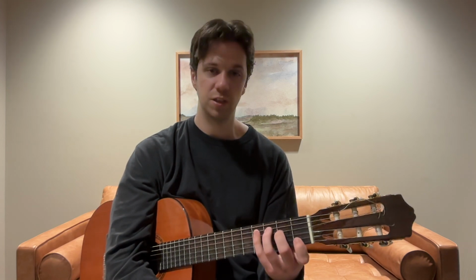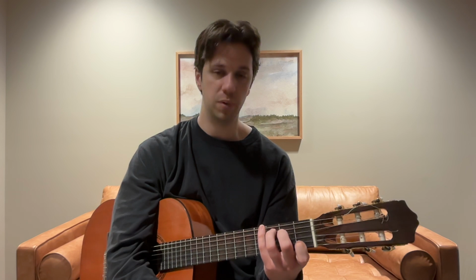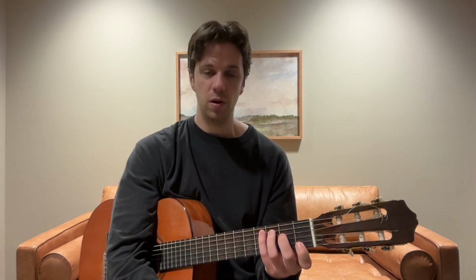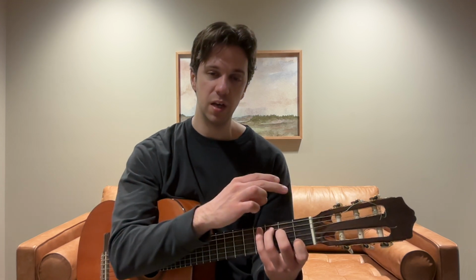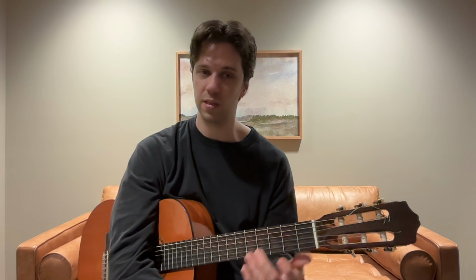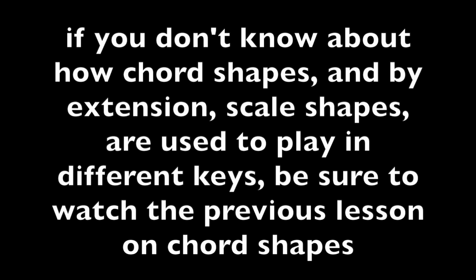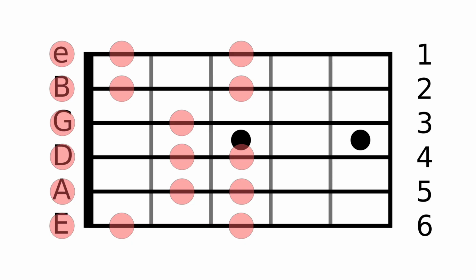It's important to remember that chord shapes are named after the chord that the shape makes in the open position. Now, the scale shape that exists within the same box is going to share the same name as the chord. Hopefully that's obvious. So here is the C scale diagram, and you can see what that looks like.